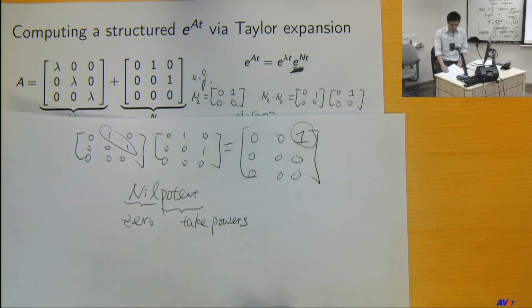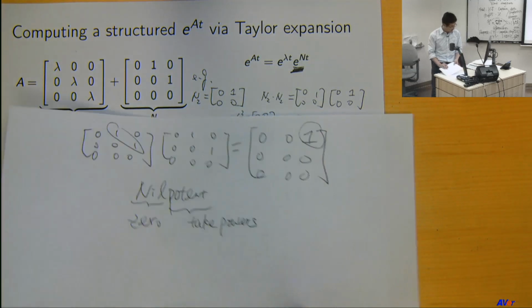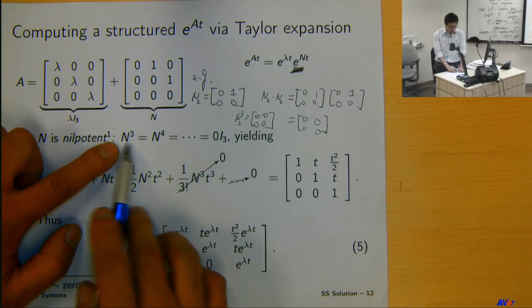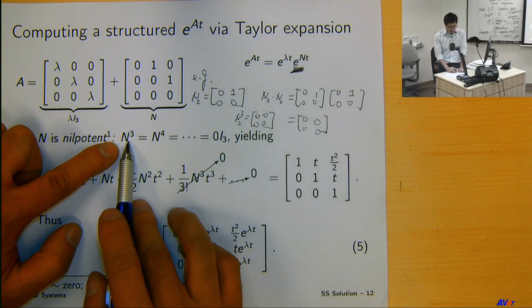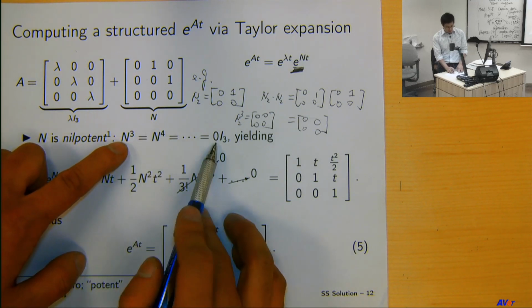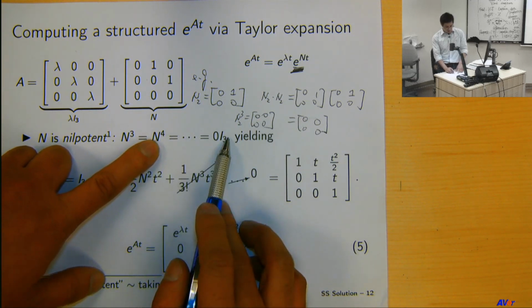This is a nice matrix to work with. So for the 3 by 3 case, after you take the power to 3, it becomes 0. Power to the 4 is 0, etc.